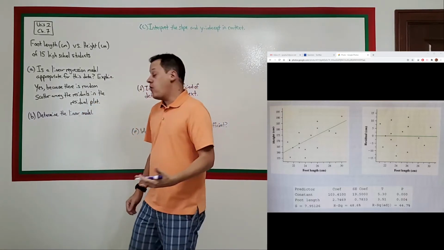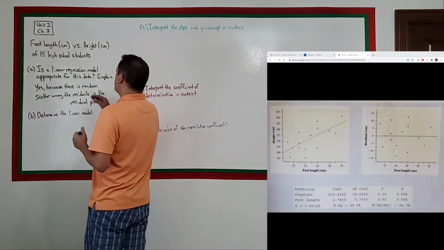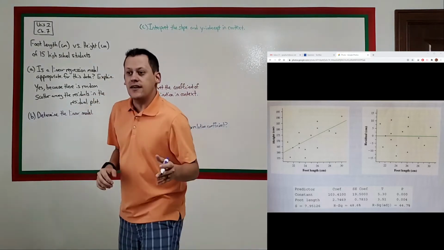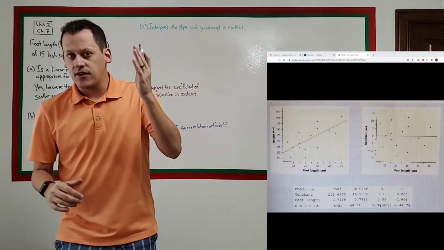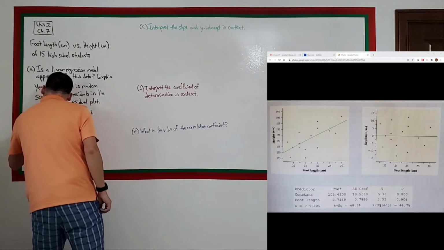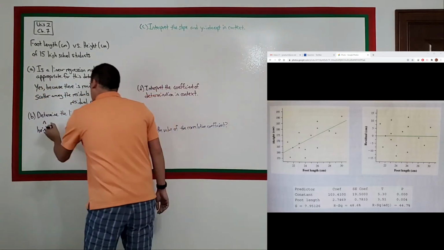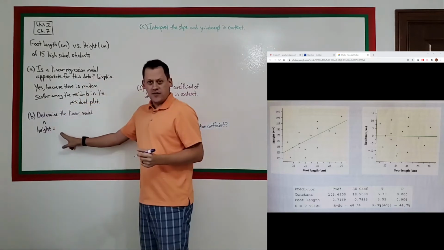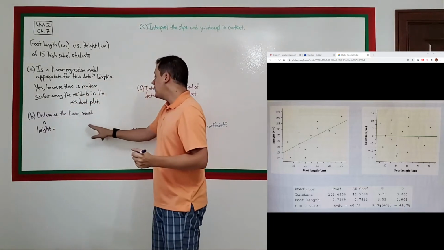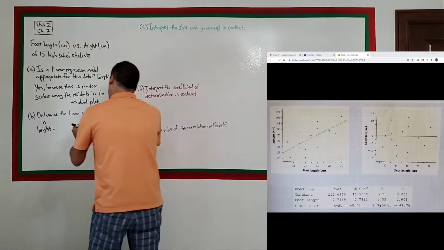We know, without even looking at that output, that the model is trying to predict the height, right? Because that's what's on the y-axis. We're trying to predict height. The variable on the y-axis is going to be equal to something, and then something times the explanatory variable, the x variable, which is foot length.